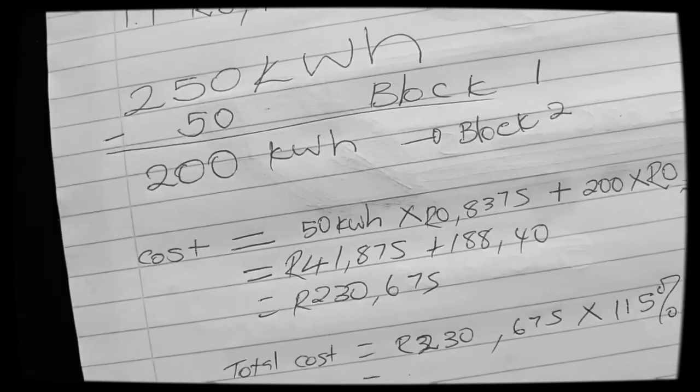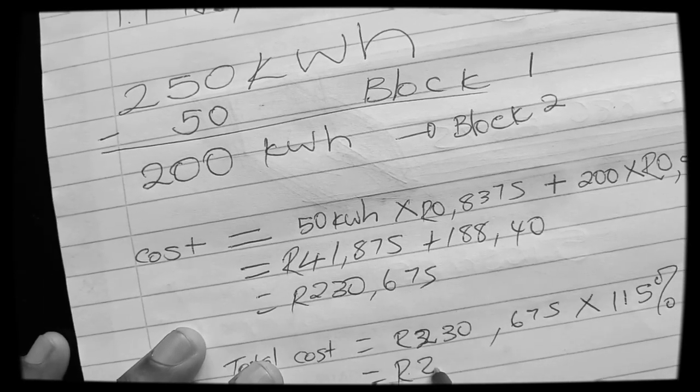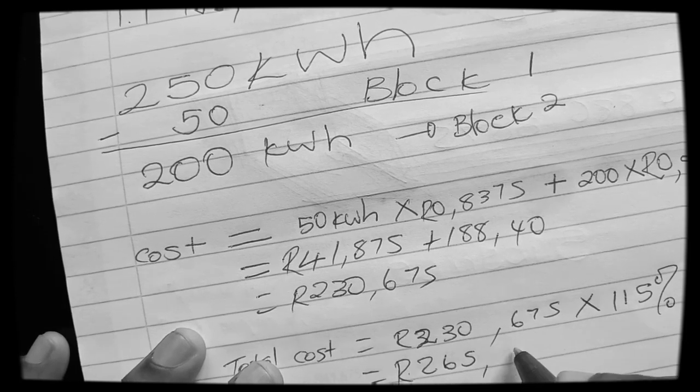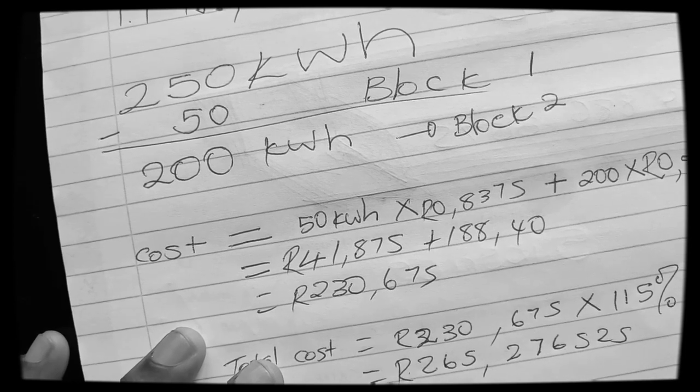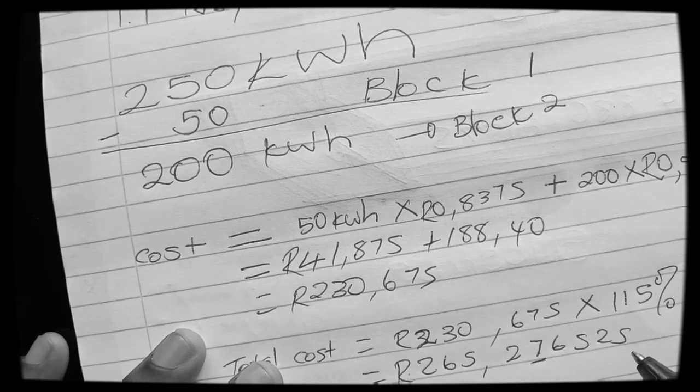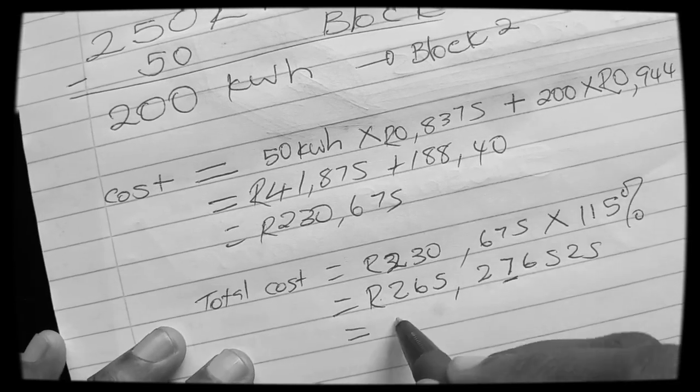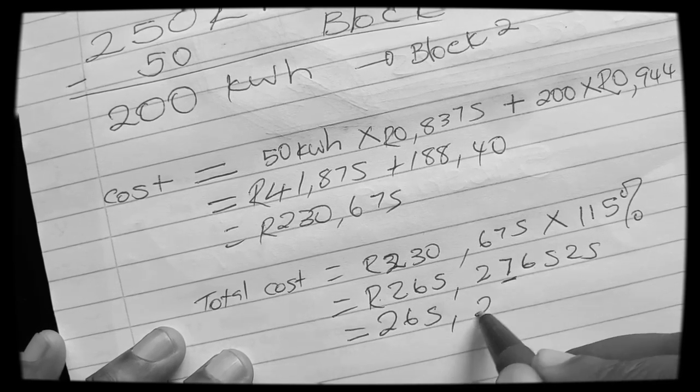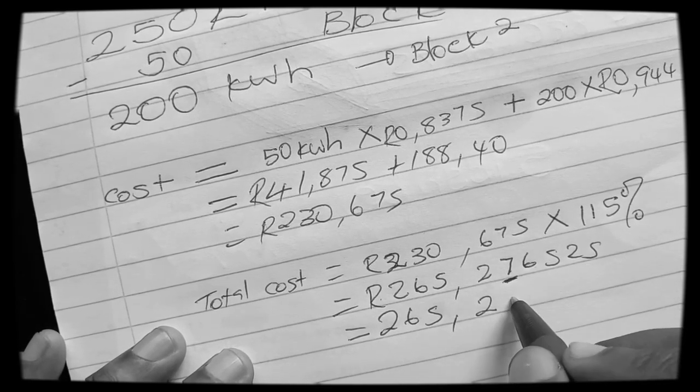So basically the answer then is 265.276525, and then you round off. Money ends at 2 decimal places, so 265.28.